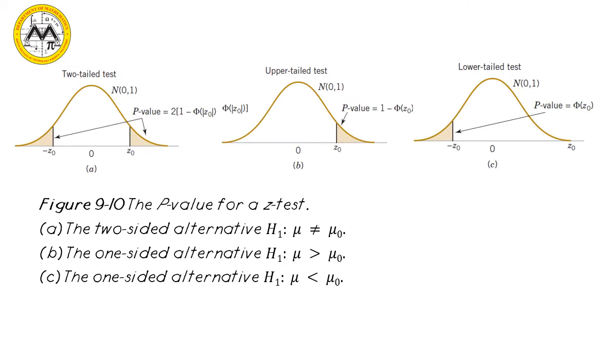If the alternative hypothesis is not equal, the critical region is to the left and to the right. So that's z less than negative z and greater than z. If it is greater than, it is 1 minus phi of z, and if it is less than, it would be to the left.